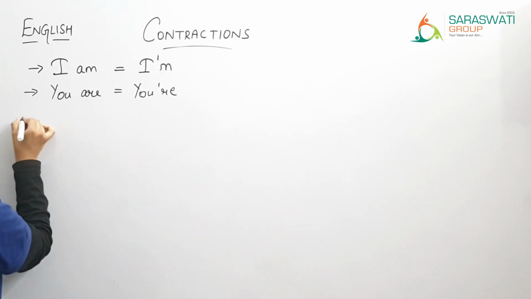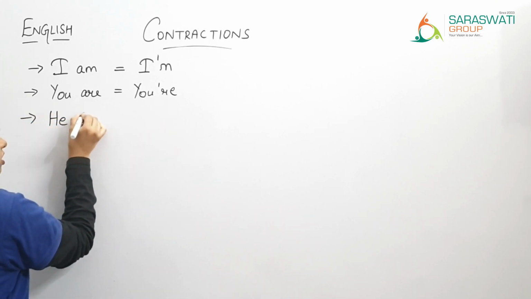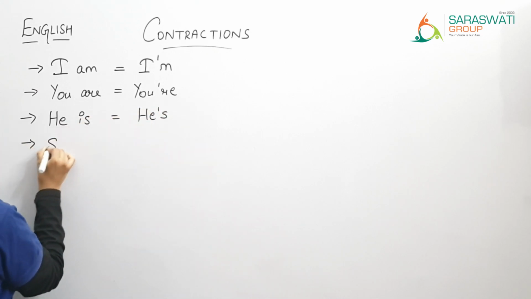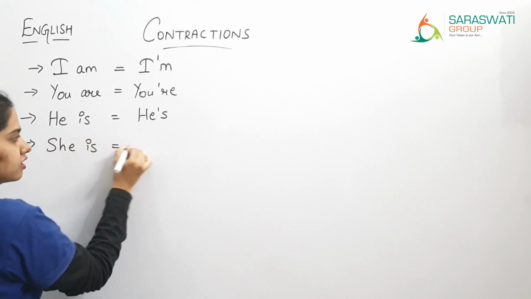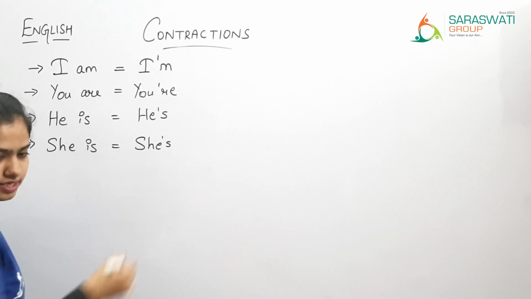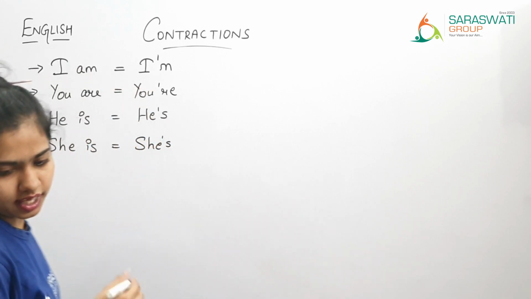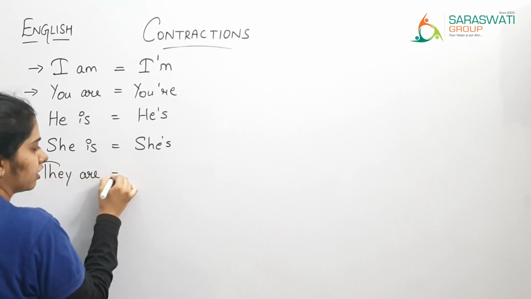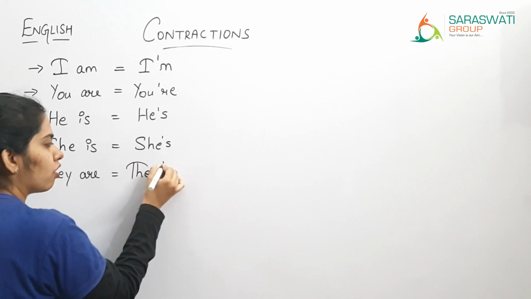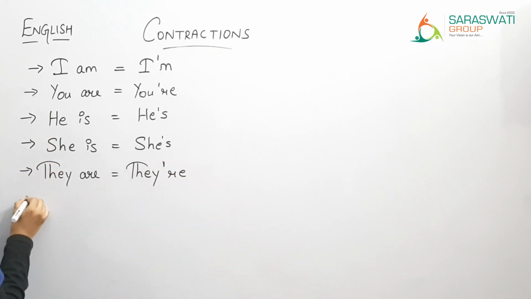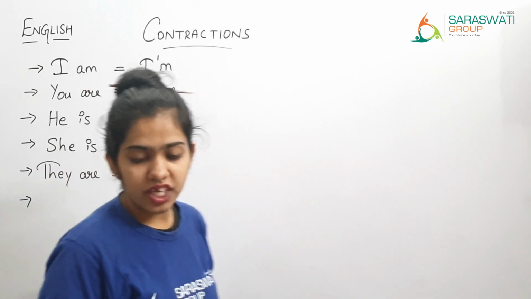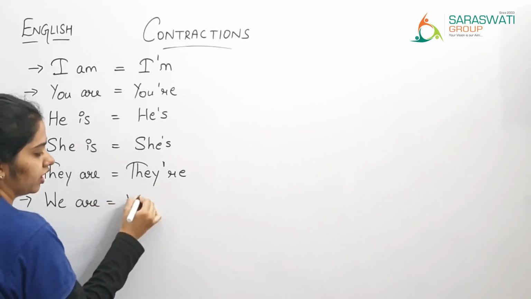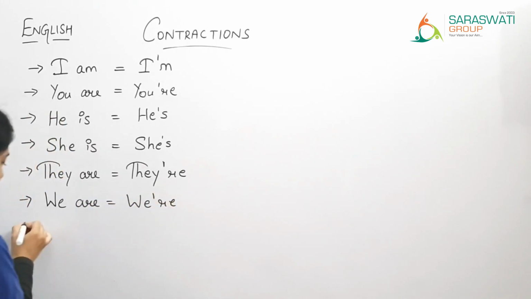Then he is, so he's. She is, she's. They are, they apostrophe r e. Then we are, we apostrophe r e.